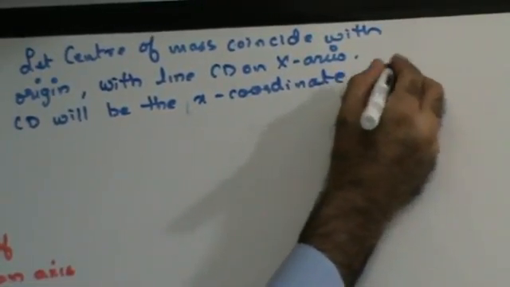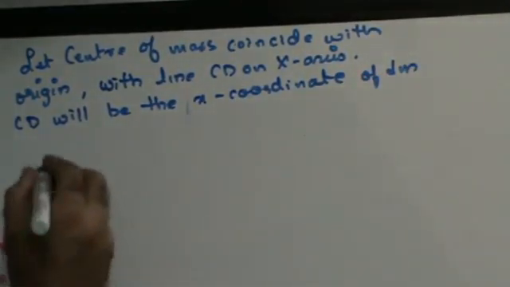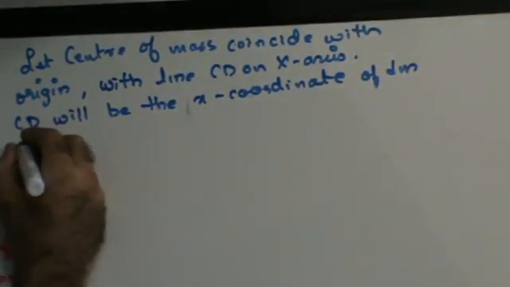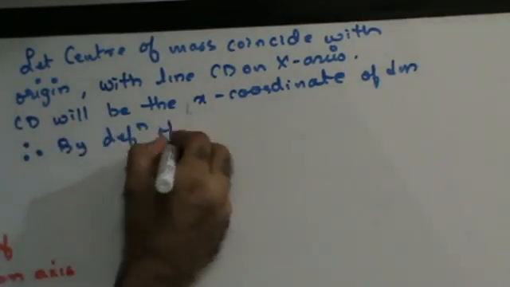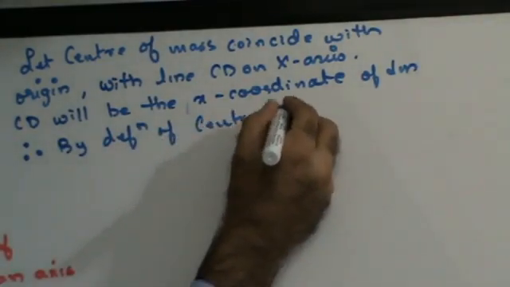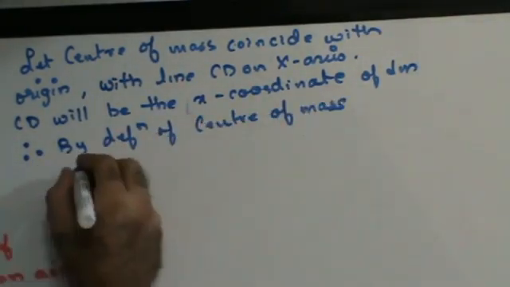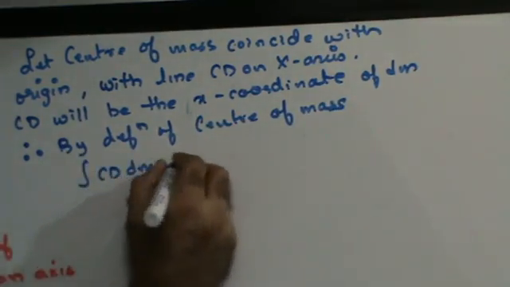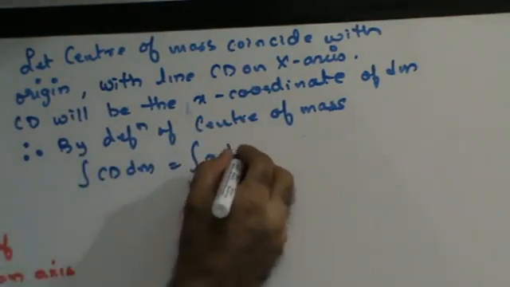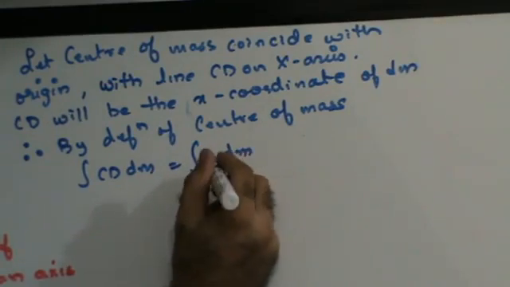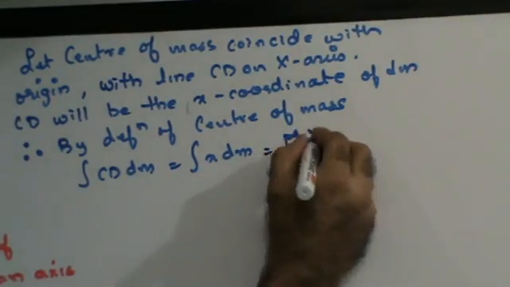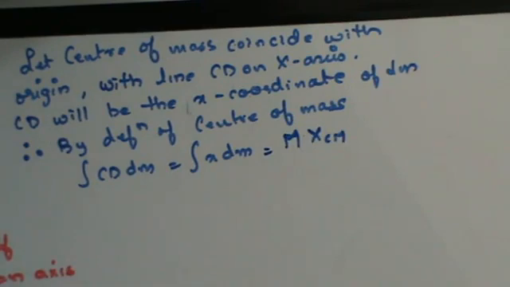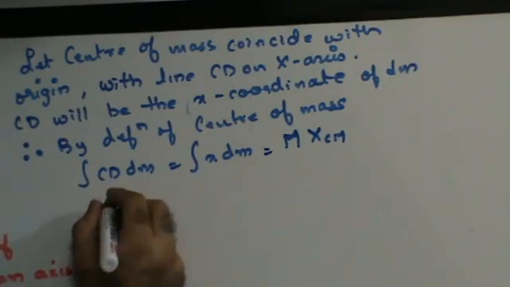And therefore, by the definition of center of mass, the integral of CD with respect to m is nothing but the integral of x with respect to m, which is m times xcm.